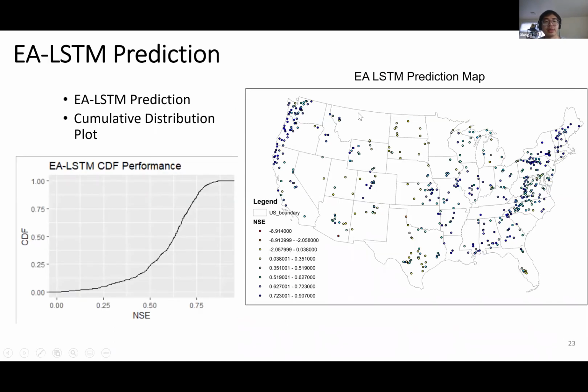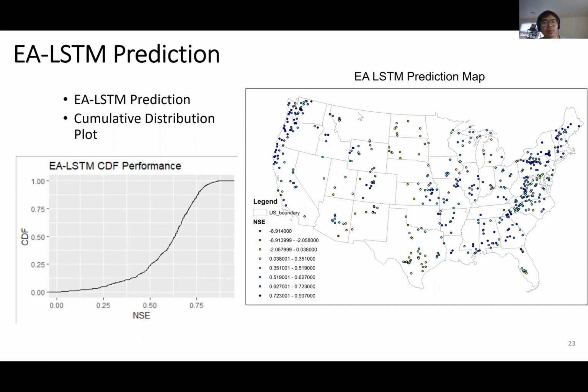Now this slide is the overall performance evaluation of the EA-LSTM prediction for the CAMELS data set. We could see that when we build a global model, it could get satisfactory streamflow prediction performance across the United States. The prediction at different basins differs, but most of them are in a pretty satisfactory range.